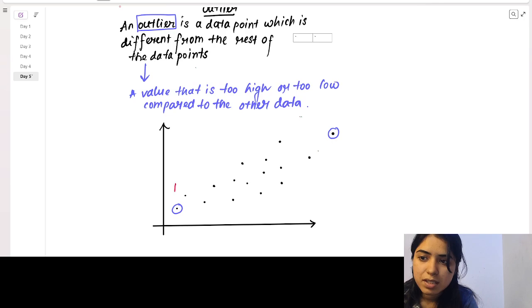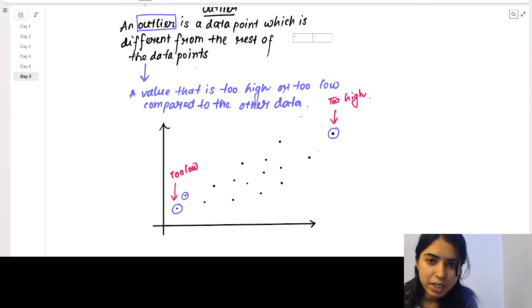This one is too low and this one is too high. These two values are very different from the rest of the values. This value is also more or less low, correct? So these are all outliers.